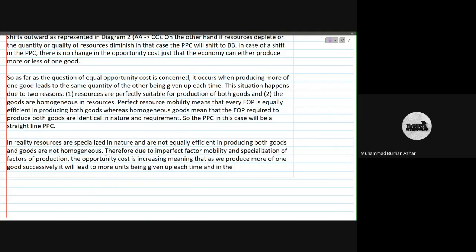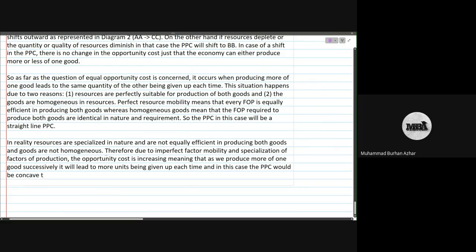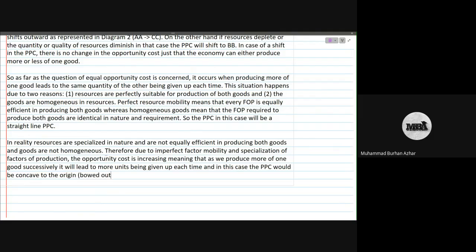And in this case, the PPC would be concave to the origin, meaning bowed outwards.